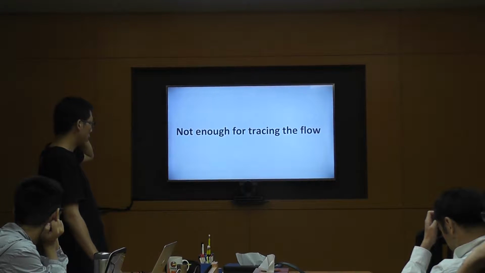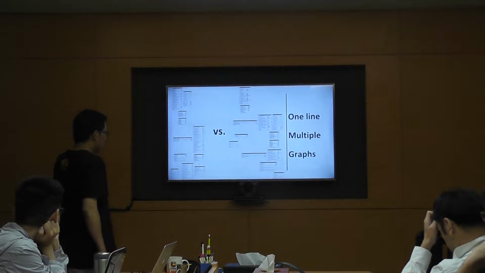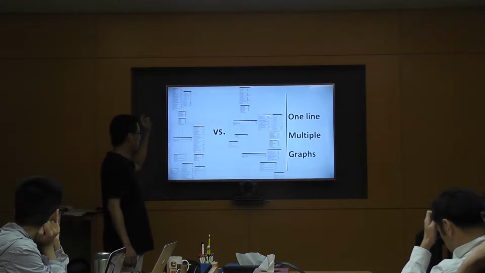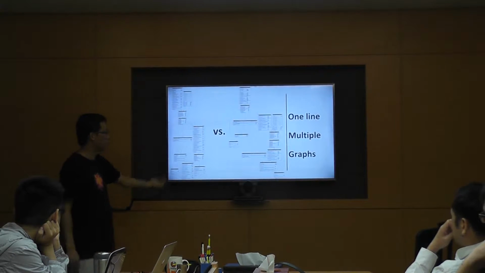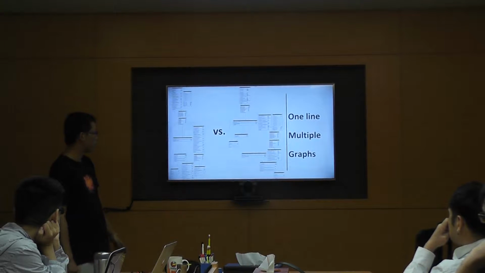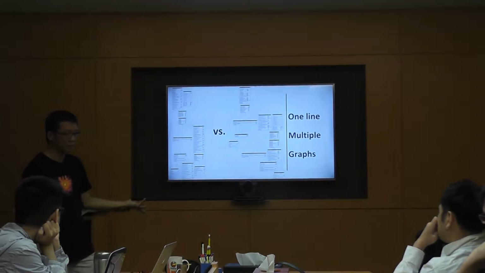But that's not enough for tracing the issue, because it seems that IonMonkey will generate two graphs for one line, the first line of the script. So I don't know how to explain why we need multiple graphs for the same line.